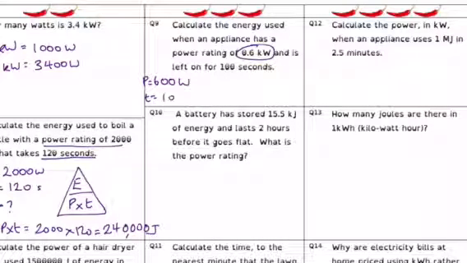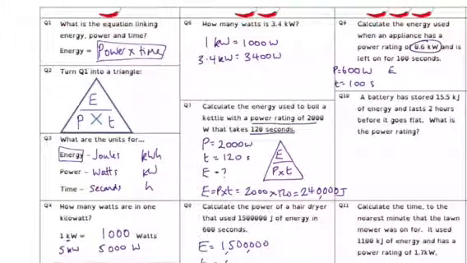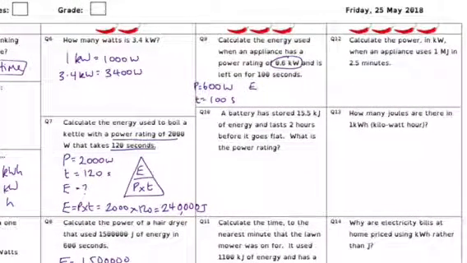We know our time because it tells us it's 100 seconds. We want to find energy. So again, we refer back to our triangle, which gives us power multiplied by time. So in this case, energy is 600 times 100, 60,000 joules.